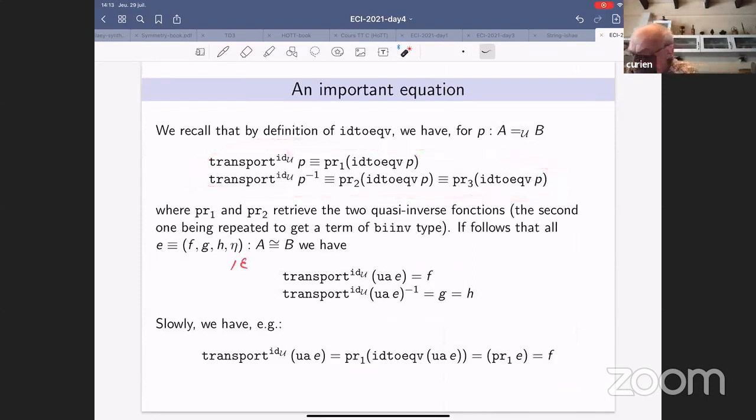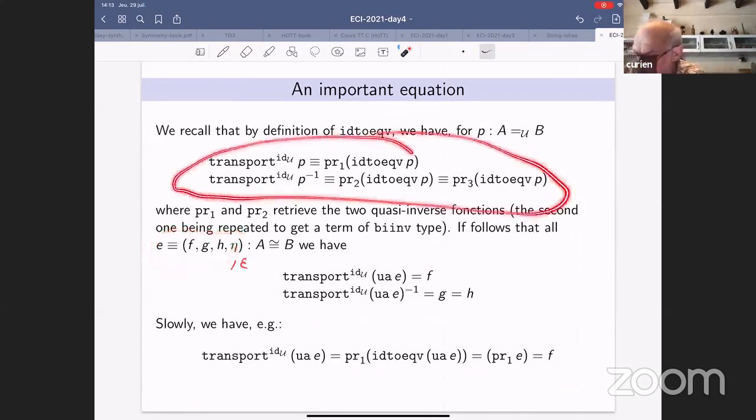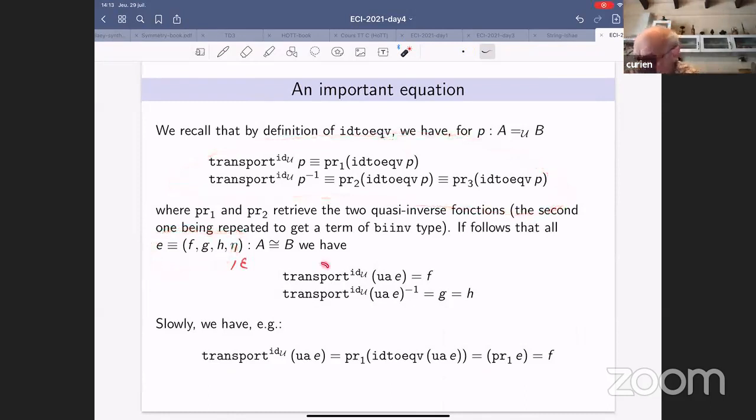Okay, so now if I apply it to some UA of E, so far there's no univalence involved. But in this equation there is univalence involved, because if I instantiate P to be UA of E, okay?